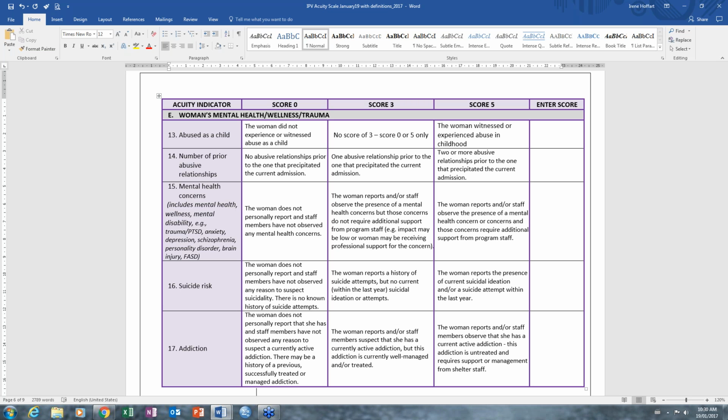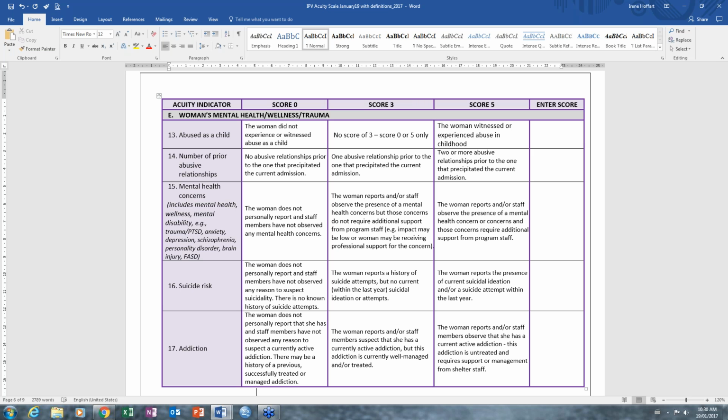So score of 0, she doesn't report any of that, and staff members do not observe any. Score of 3, yes, there's some reporting of it, but those concerns do not require any additional support from program staff. Okay, so what that means is that the impact of those issues might be fairly low, or it's managed really well, and you don't need to do anything to support her in that.